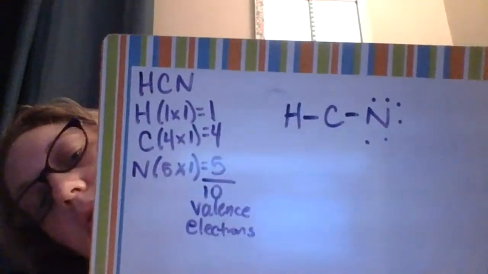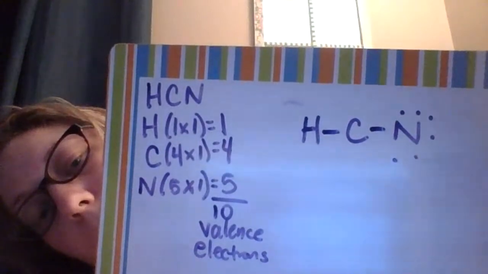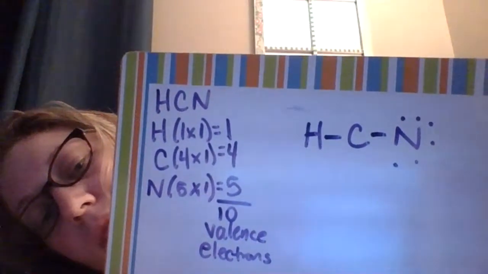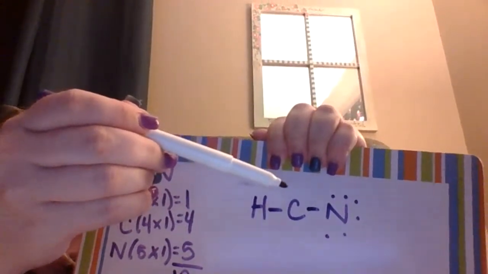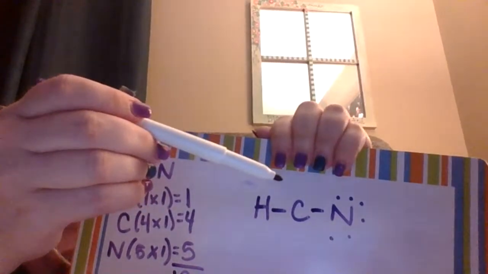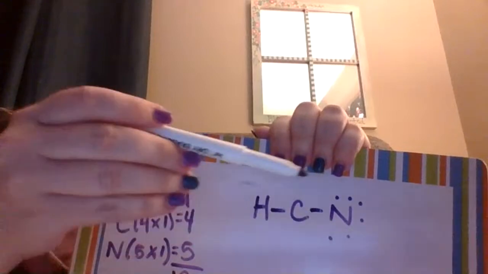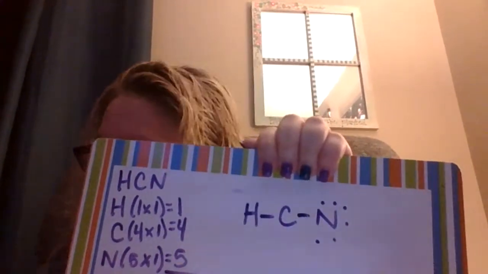Now, the hydrogen can only have the dash from it to C. And we are going to then do 1 dash to the N. That gives us 4 electrons. We're going to take the rest of those 6 and put them around nitrogen. Now, if we wanted to make it so that carbon had a complete octet, we could make it a triple bond, I think.